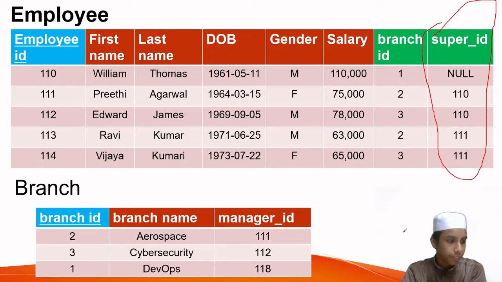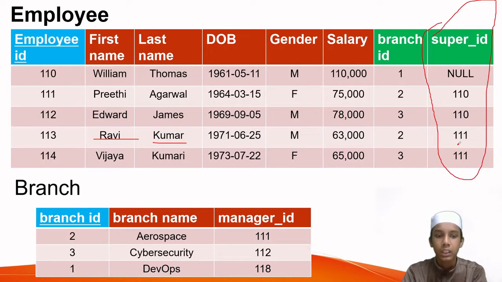So here we have Ravi Kumar, and his employee ID is 113 and his supervisor ID is 111. That means his supervisor is the employee with the ID 111.